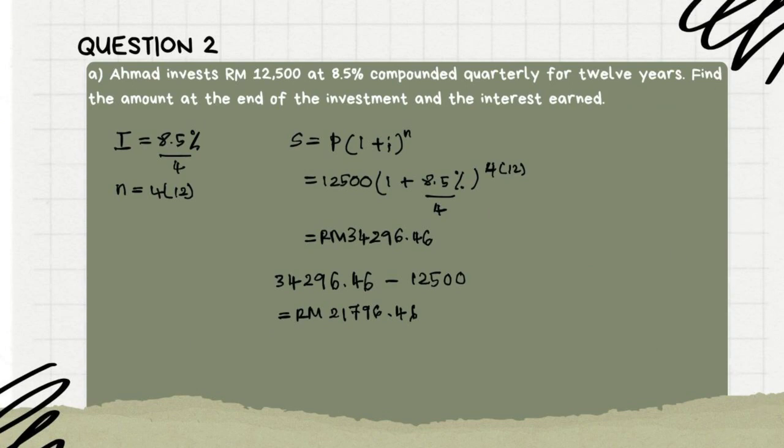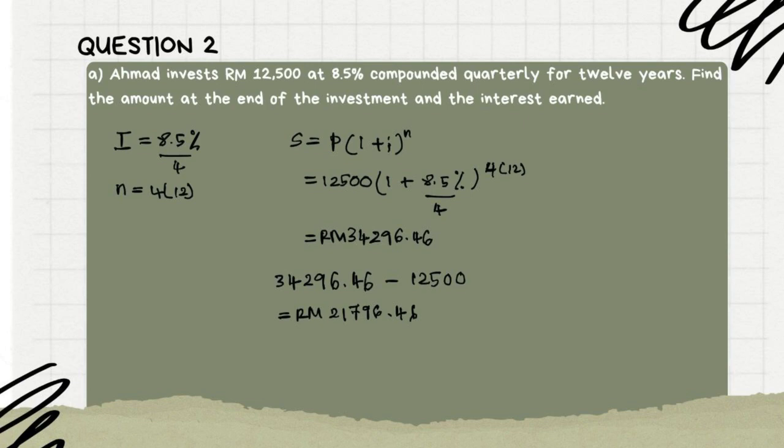Next, question 2. Ahmad invests RM12500 at 8.5% compounded quarterly for 12 years. Find the amount at the end of the investment and the interest earned. So, S equals P(1 plus i) to the power of n, which is 12500(1 plus 8.5% divided by 4) to the power of 4 times 12.